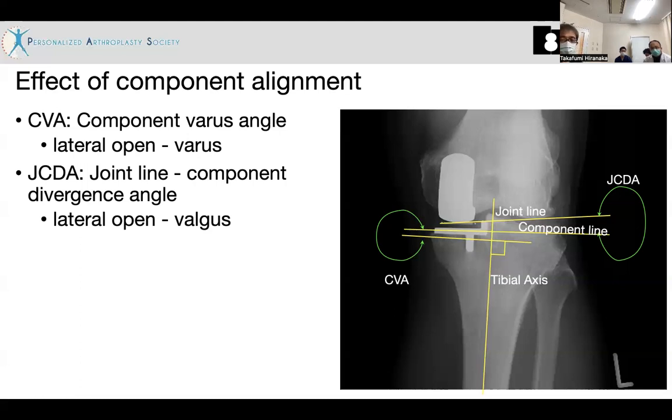Because in the preoperative joint, even force can be applied on the medial tibial plateau and lateral tibial plateau, I think it's best to reproduce this load distribution.